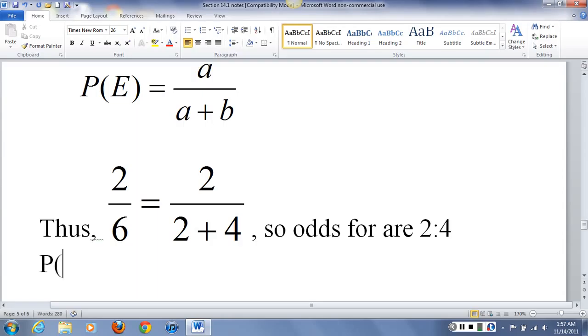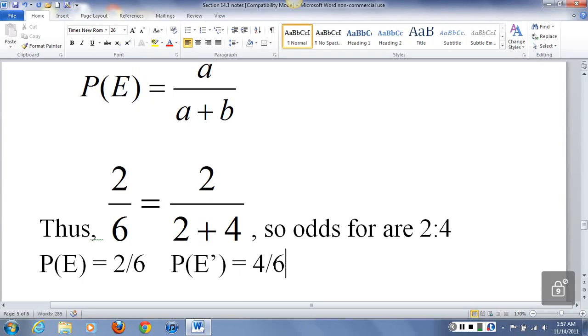The probability of our event is 2 out of 6. The probability of the event not happening then is 4 out of 6. Because again, if 2 out of 6 chances are for it happening, obviously the rest means it doesn't happen.